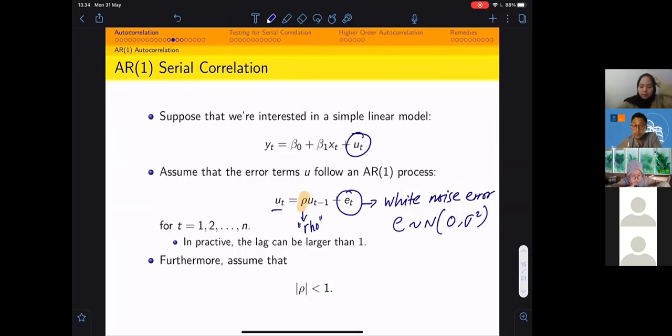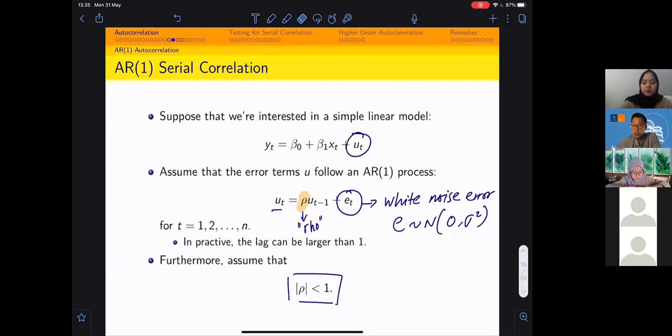In this particular example, I just assume that it's an autocorrelation of degree 1. In practice, it could be autocorrelation of degree 2, for example, but for simplicity and for the sake of introduction, I'm just going to focus on autocorrelation of degree 1. Another assumption that we're going to make is that in absolute terms, the autocorrelation is going to be less than 1.